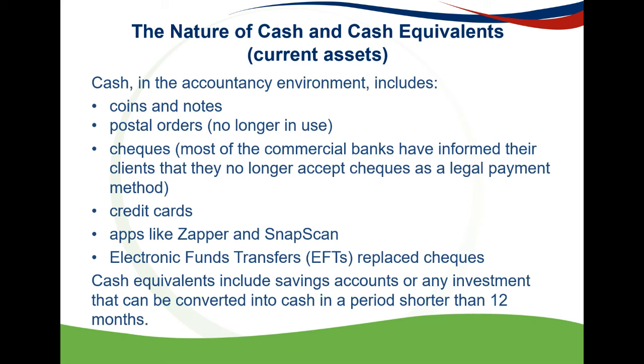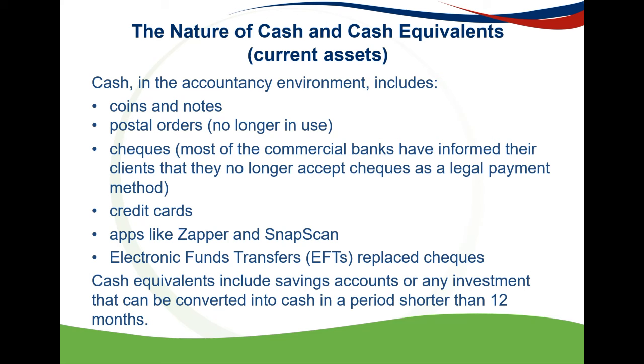Now, cash equivalents also include savings accounts or any investment that can be converted into cash in a period shorter than 12 months. If you have a fixed deposit, that is normally for a period longer than 12 months, so that's not going to meet the criteria of cash and cash equivalents.